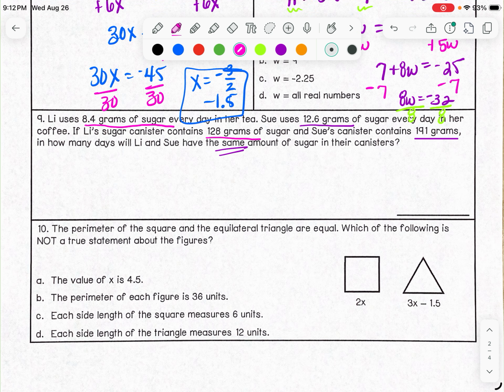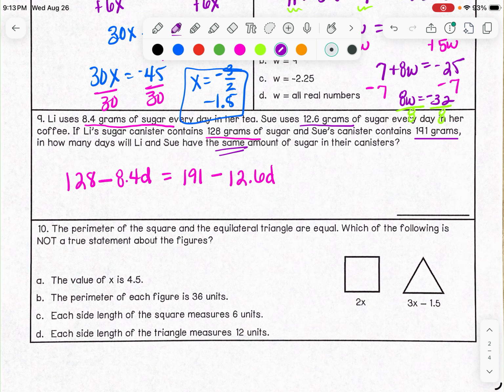So for Lee, she started at 128, and if she uses 8.4 grams per day, we want that to be equal to Sue's 191 grams when she uses 12.6 grams a day. And there's our equation.